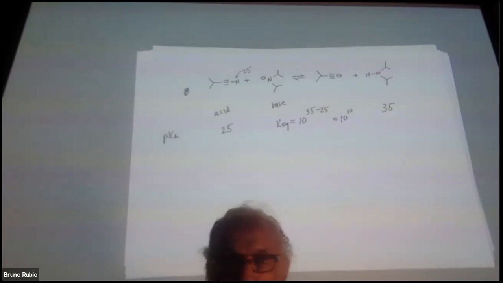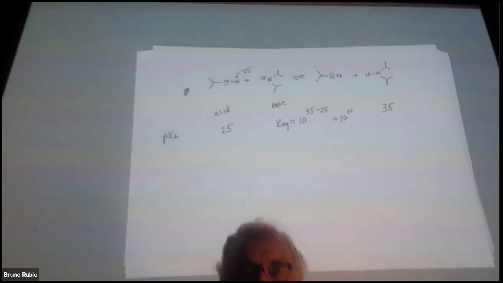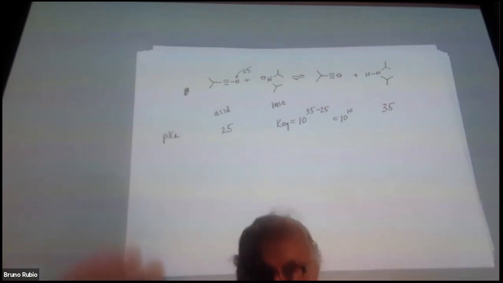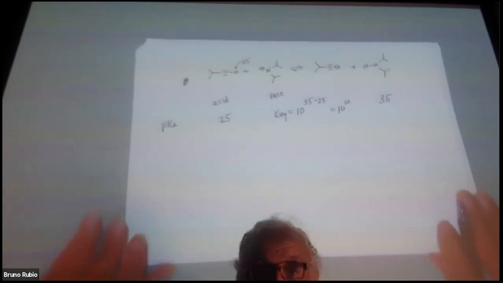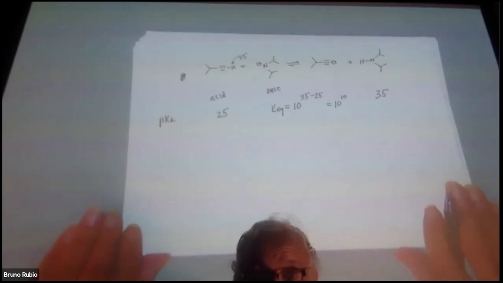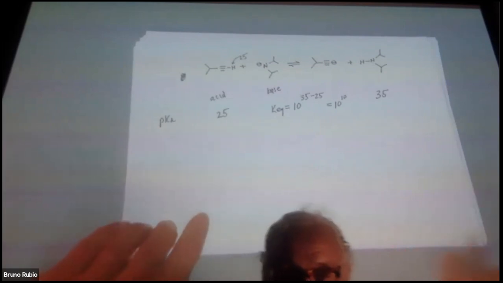All right, finally, let's look at one more example of calculating the equilibrium constant of an acid-base reaction, but maybe one where the identification of the acid and the base is not as obvious. And the situation that most comes to mind is when an amine is a base.